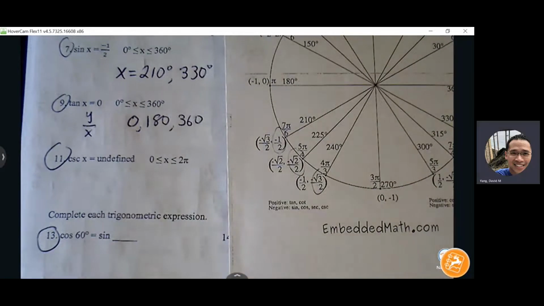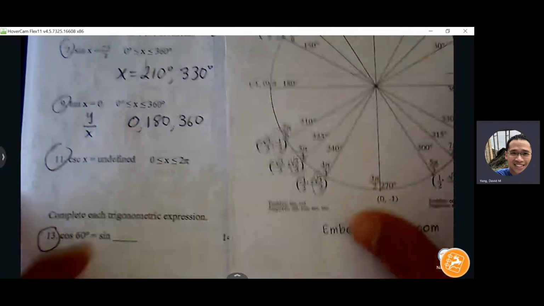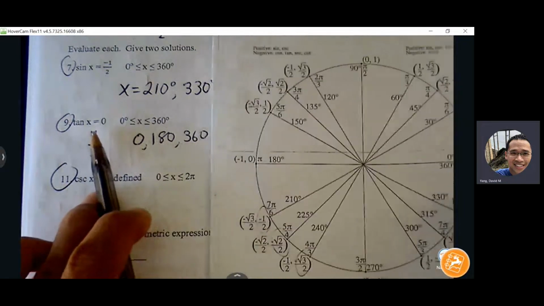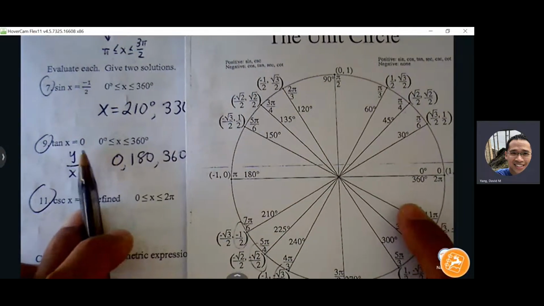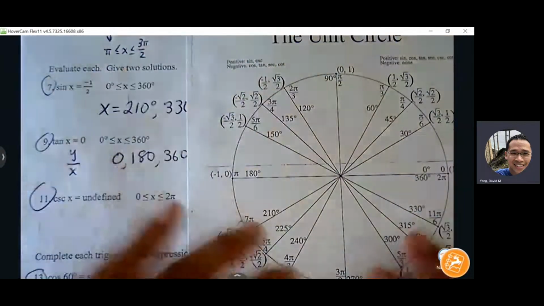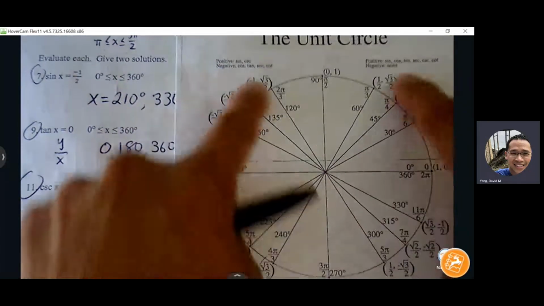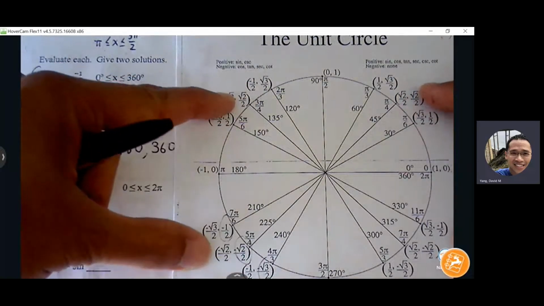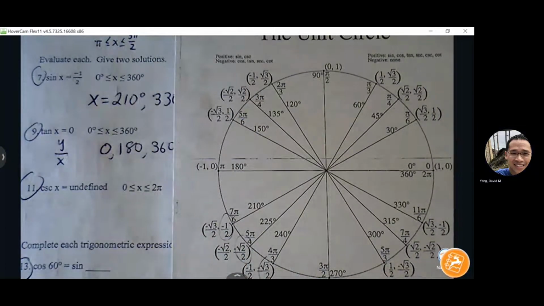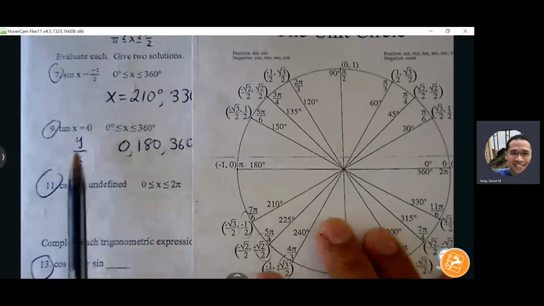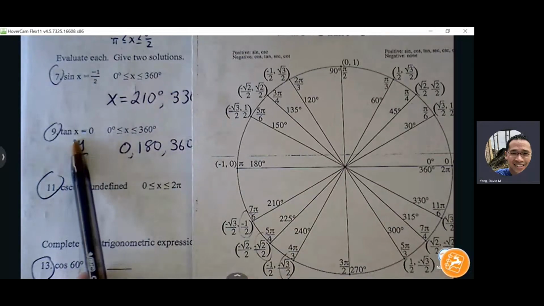Question? Okay, sure, I'll go over that again. So tangent equal to 0. The only time I'm going to get anything with zeros is along the quadrants, right? There's no other ordered pair that will give me anything close to 0. So I know it's going to be one of the 4 quadrants. Now, what's the formula for tangent? Tangent is y over x.